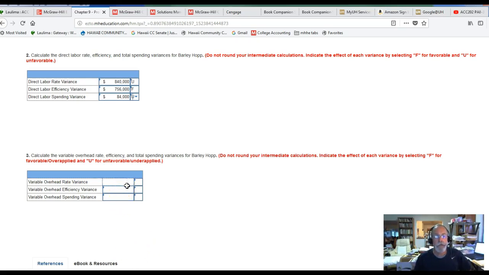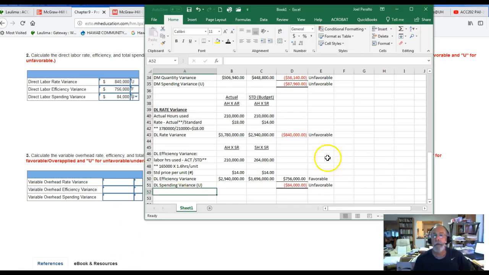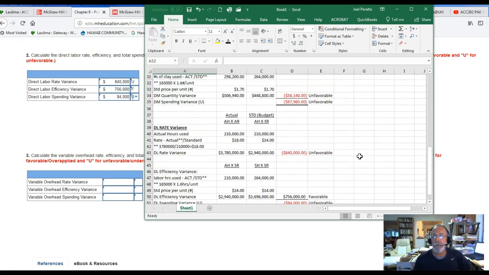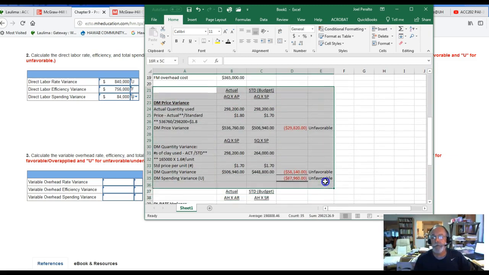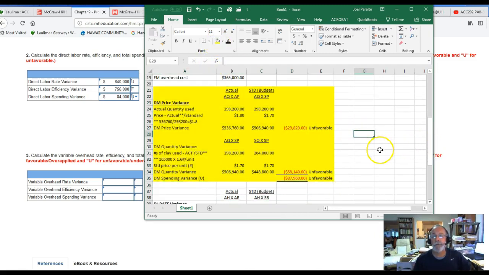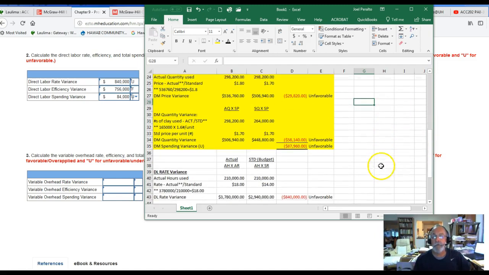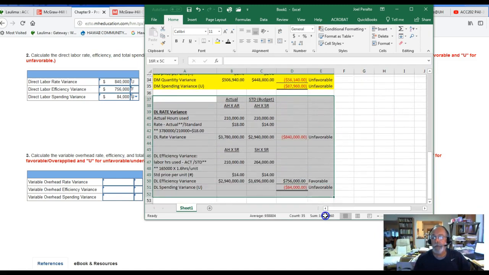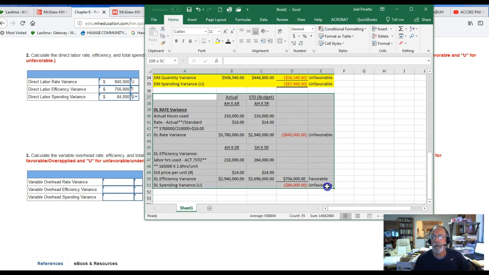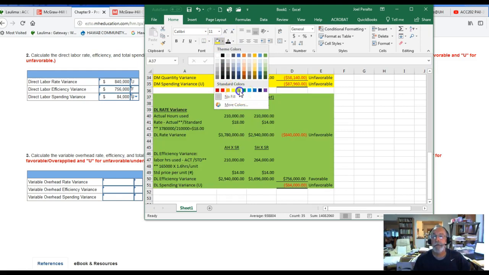So just as we did, let me color these. That might make it a little easier to tell apart. Okay, so our materials are shown in yellow, and our labor, we'll show this in green.